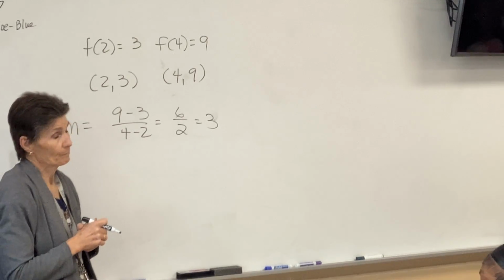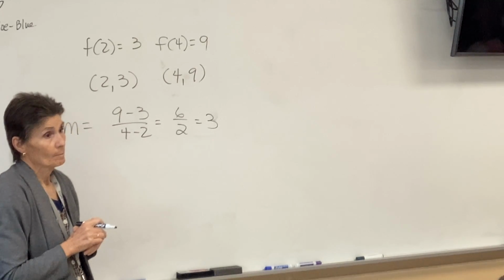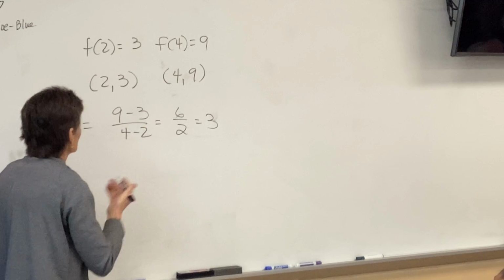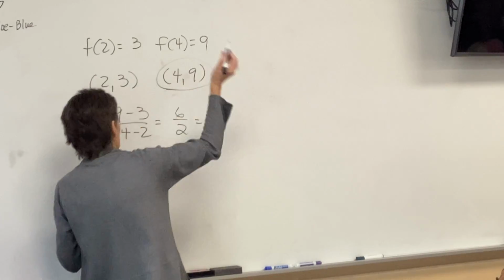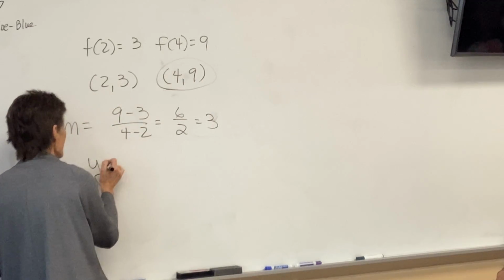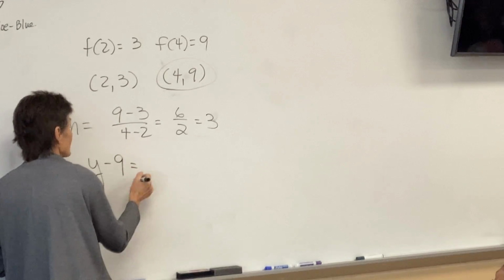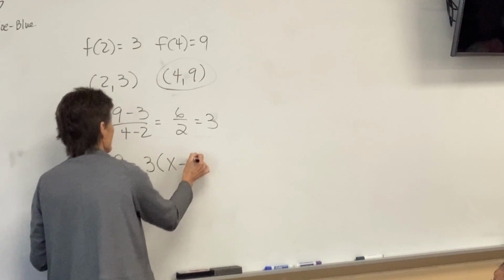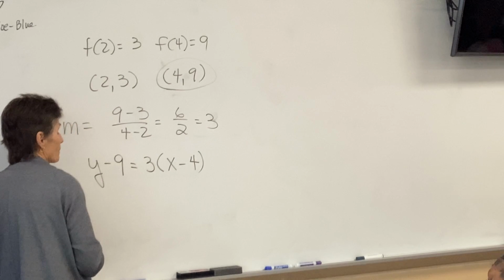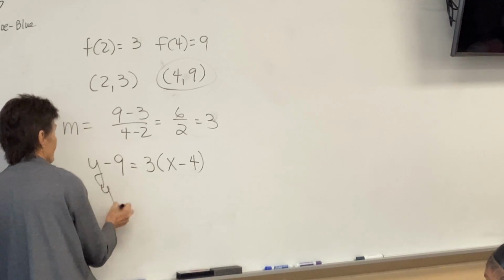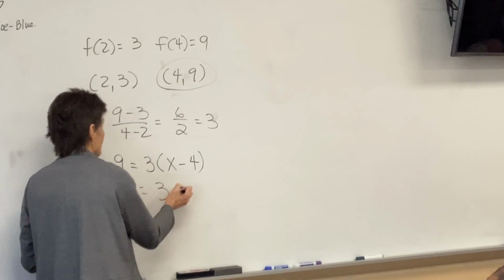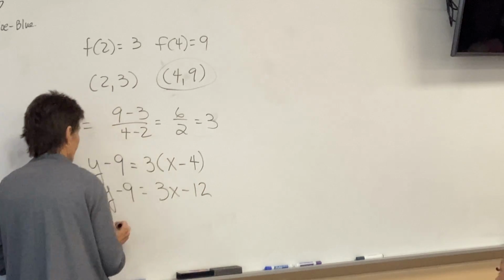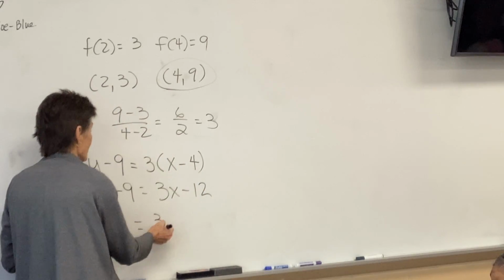Then what? Pick a point. Doesn't matter. I'll use this one this time. Y minus 9 equals 3 times X minus 4. Distribute. Get y by itself.